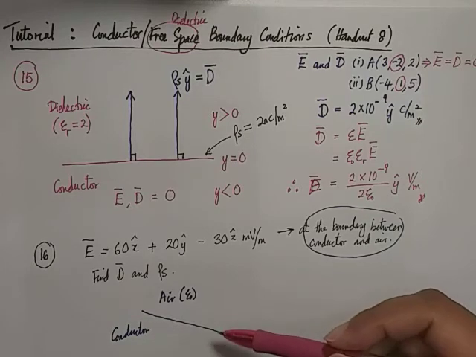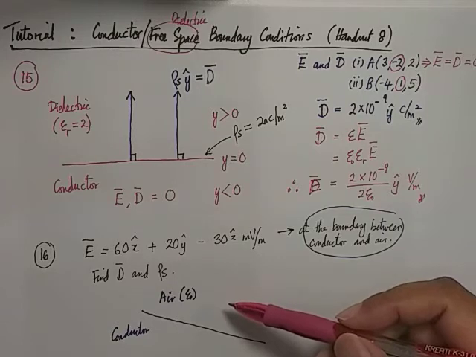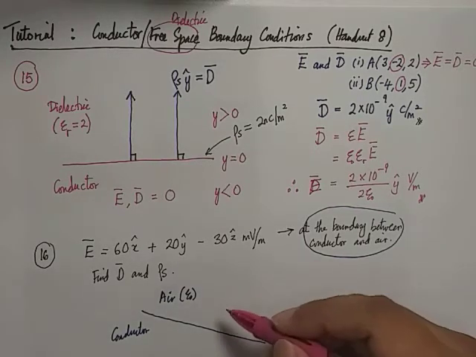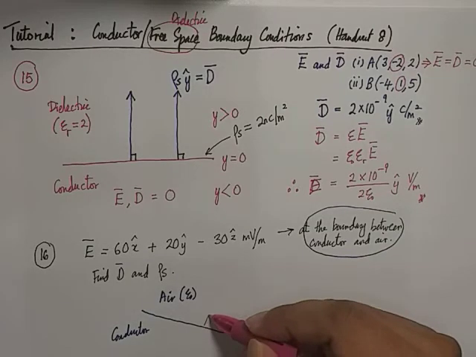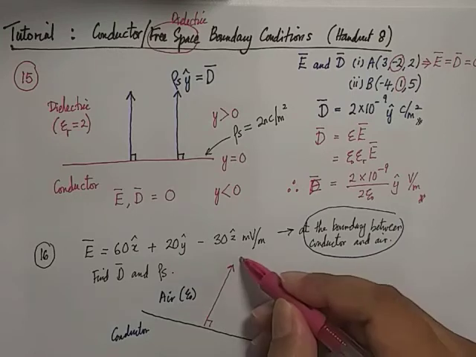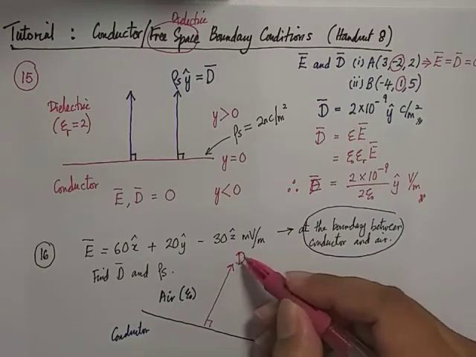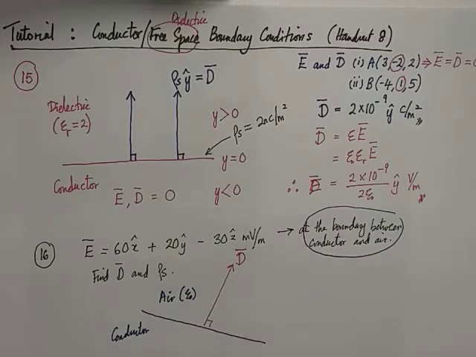How about the direction of the E? It should be normal to the boundary, 90 degrees to the interface. So let's make it D. That's what we explained in the lecture.